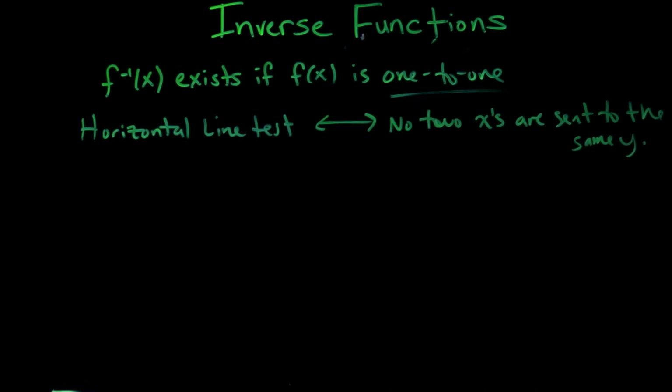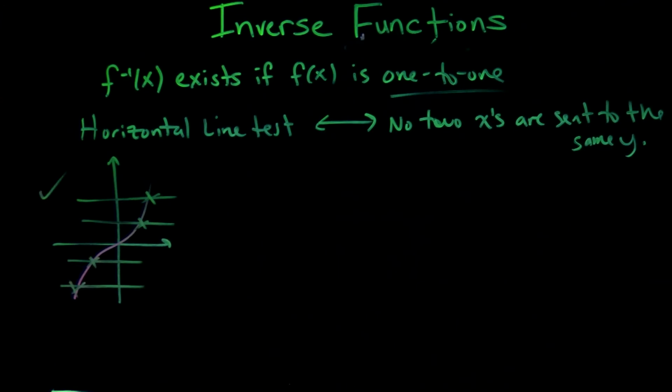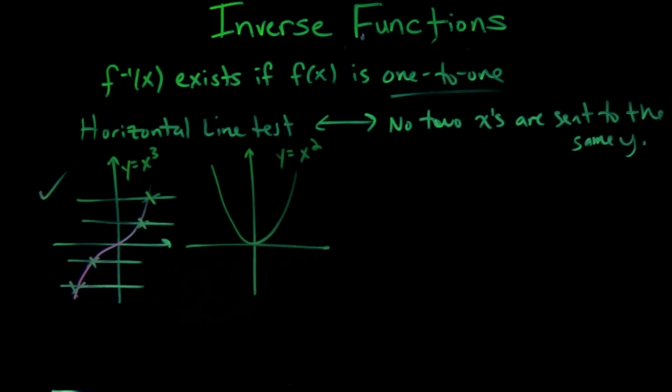Okay, so for example, with the horizontal line test, that means that every horizontal line intersects our graph at most once. So a graph like this, like the graph of x cubed, is fine. On the other hand, the graph of y equals x squared is not okay, because we have a lot of horizontal lines that cross the graph twice.